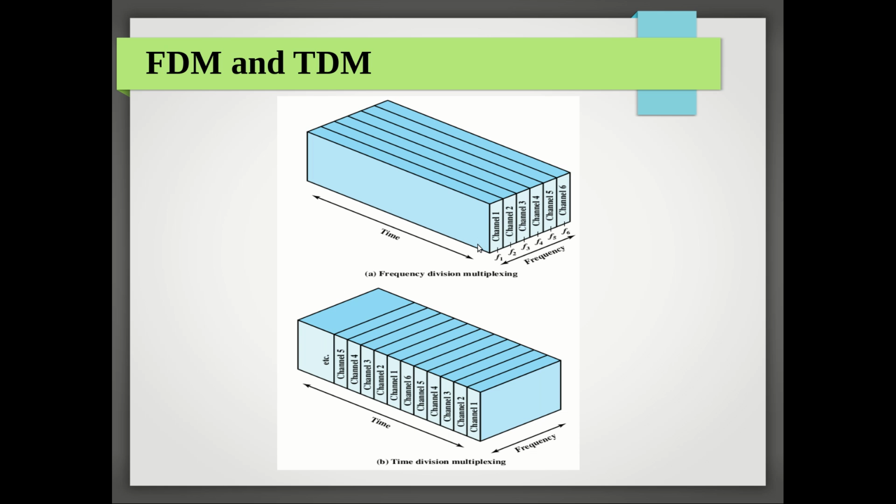The total bandwidth is divided into different small sub bands like that. If this entire medium we call a carrier, each channel we can call a sub carrier, and each sub carrier is centered on a particular frequency, say f1.